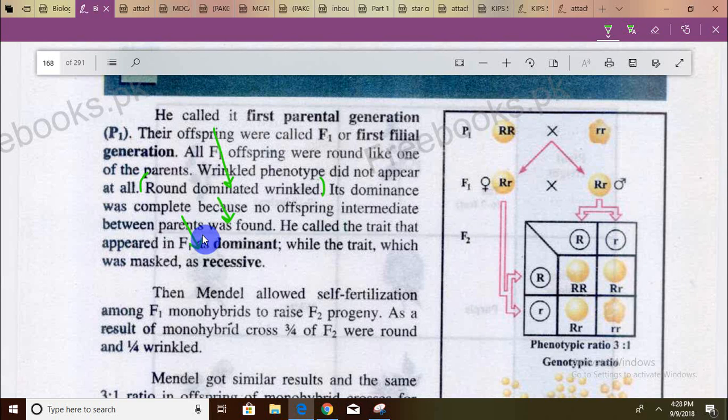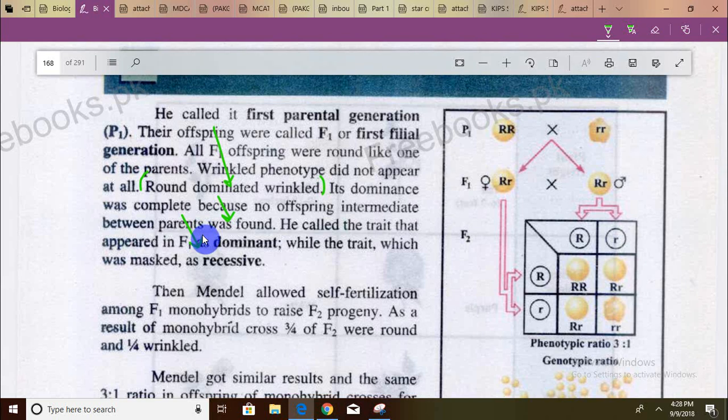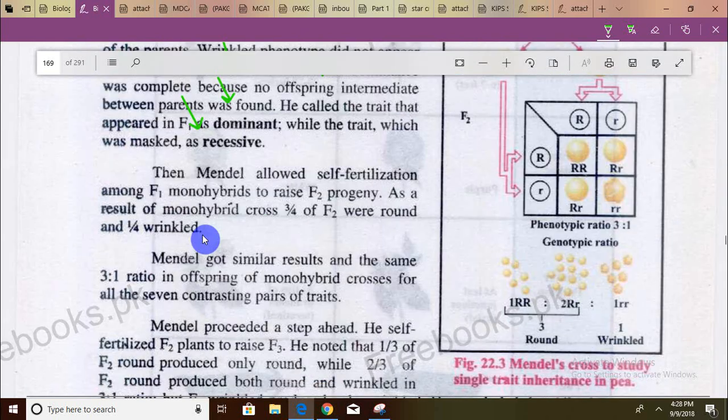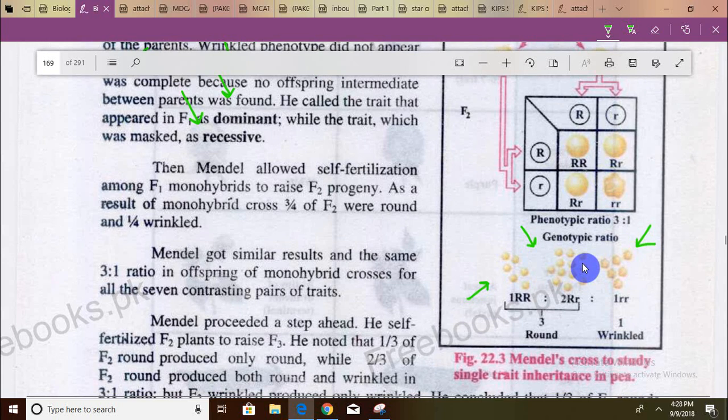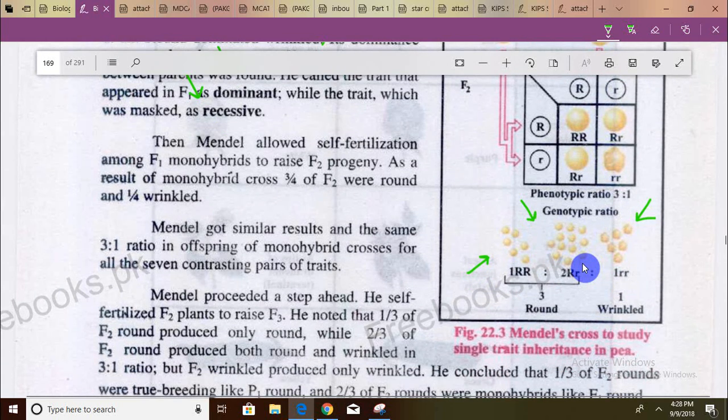And this is kind of important. If you look over here, these are also round, these are also round. The genotype is different but same phenotype, so you can't really tell just by looking at it. And the same results and the same ratio were obtained for all the 7 pairs of contrasting traits.